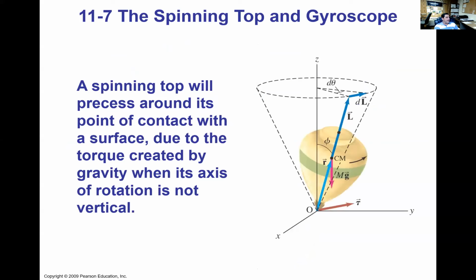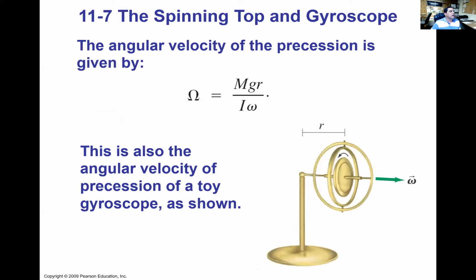A spinning top will precess around its point of contact with a surface due to a torque created by gravity when its axis of rotation is not vertical. So spinning tops, gyroscopes, this stuff, this is not going to be on the test. You're not responsible for it, but some of it's kind of interesting.